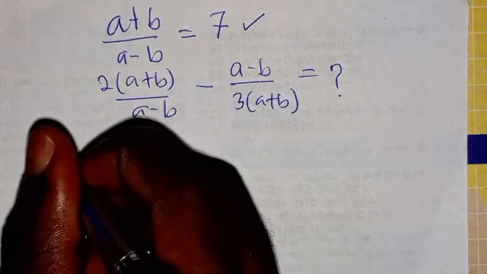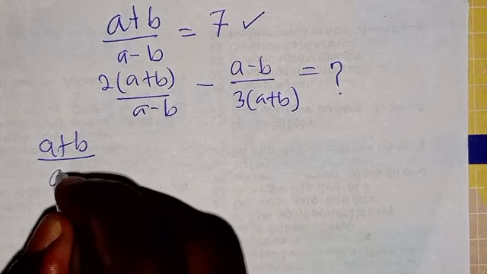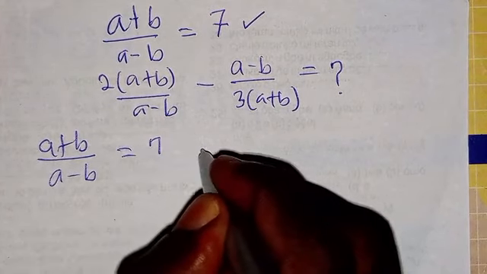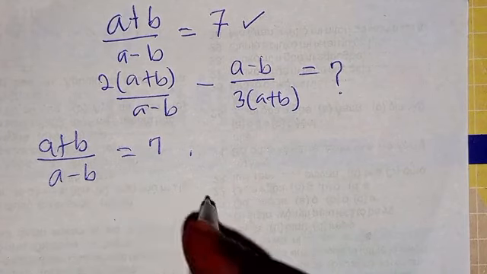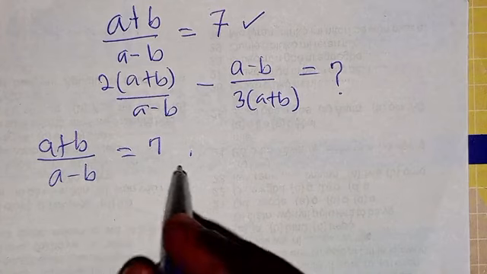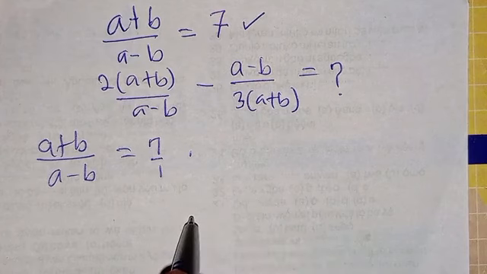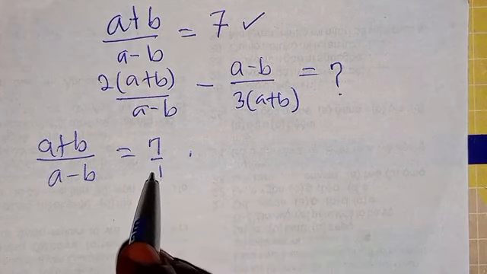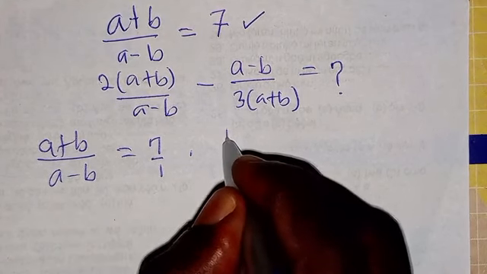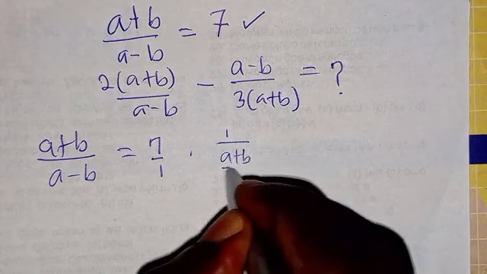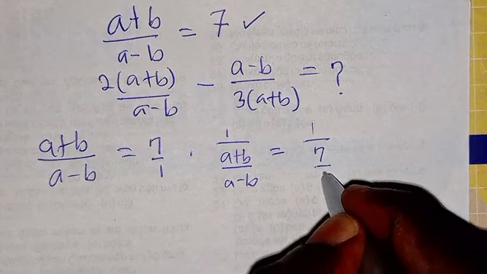Okay, so let me have (a + b)/(a - b) = 7. Then I can take the reciprocal of both sides of this equation. You know that this 7 is the same thing as 7 over 1, so I should write it in terms of a fraction too. Taking the reciprocal of both sides, that is 1 over (a + b)/(a - b) equals 1 over 7 over 1.